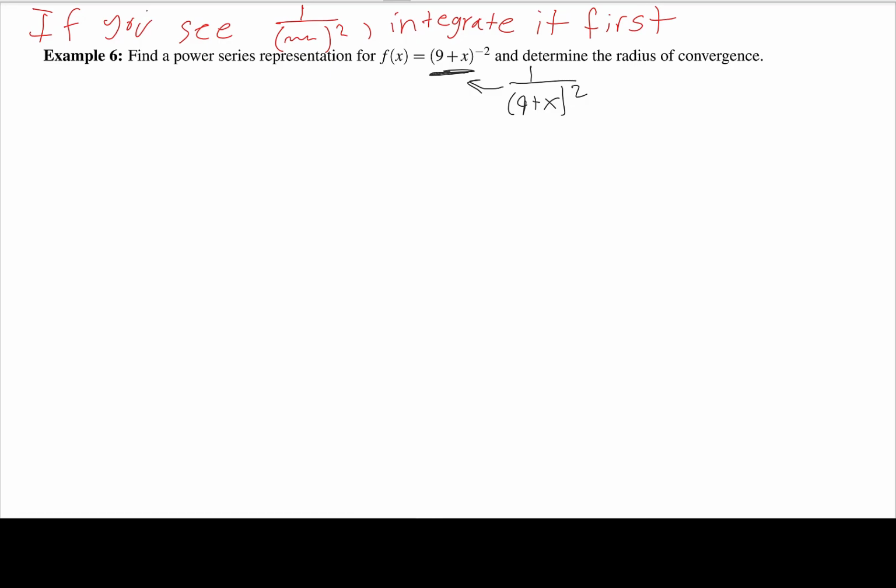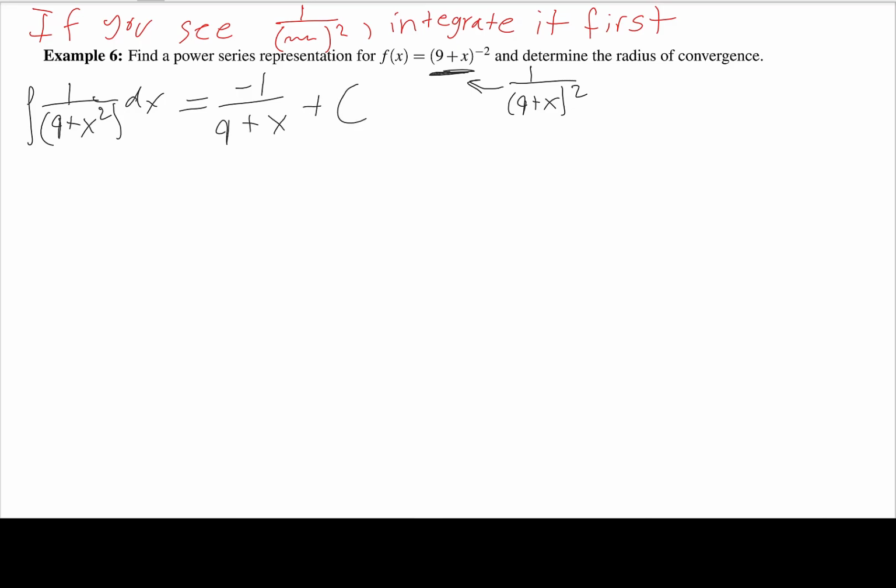Before you do anything, just integrate it, okay? So if we're following that rule, then the integral of 1 over 9 plus x squared dx should give you negative 1 over 9 plus x plus c.